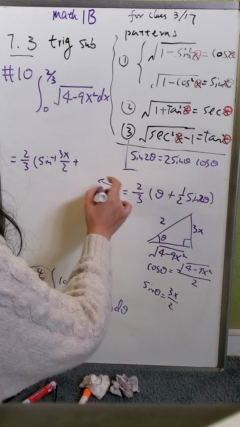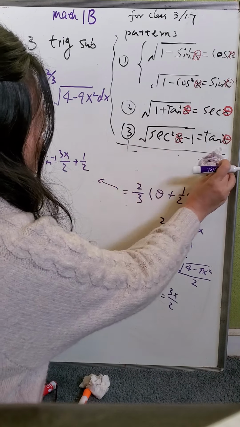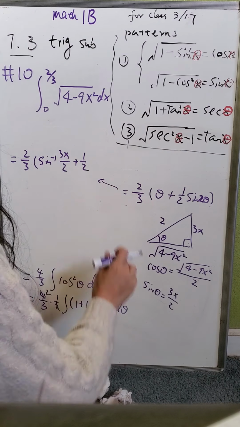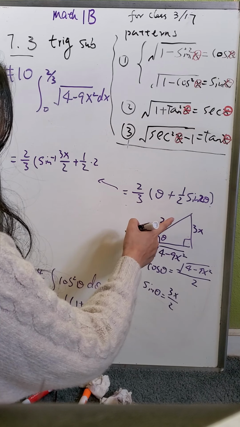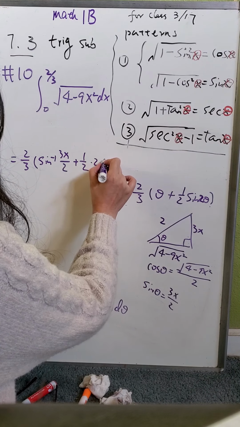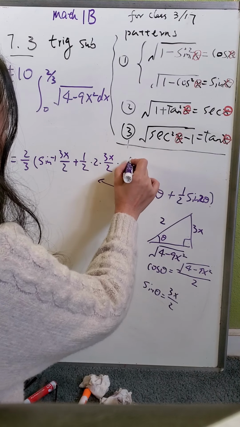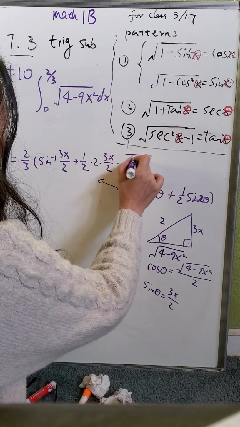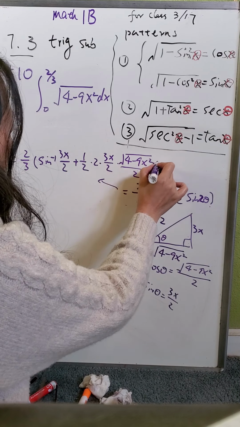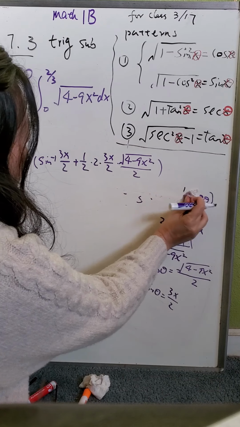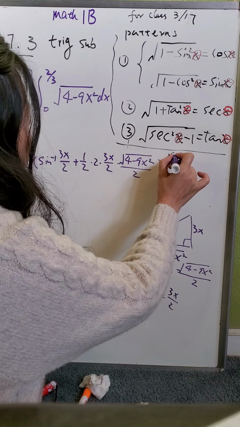And then plus 1/2, and then sine times 2 sine theta cosine theta. So sine theta equal to 3x over 2, cosine theta equal to that. So I use the identity formula. Okay, and then the limit is from 0 to 2/3.